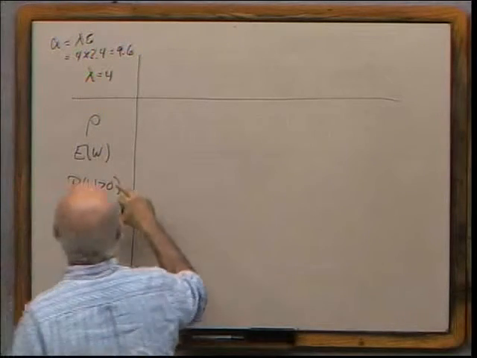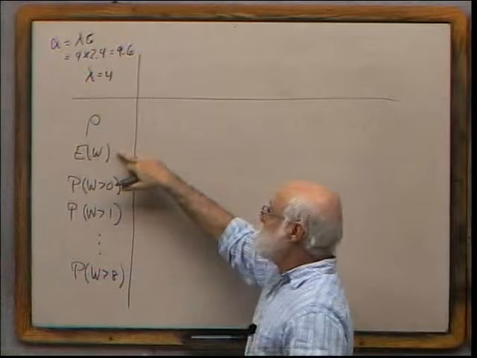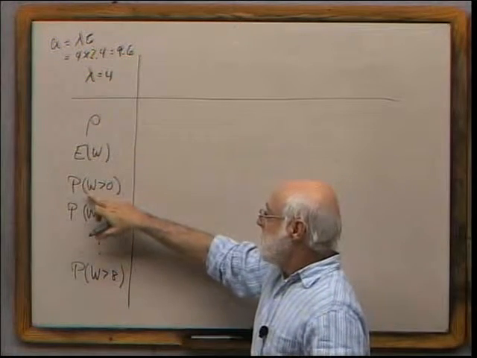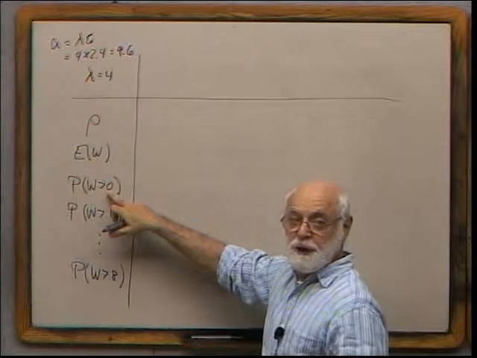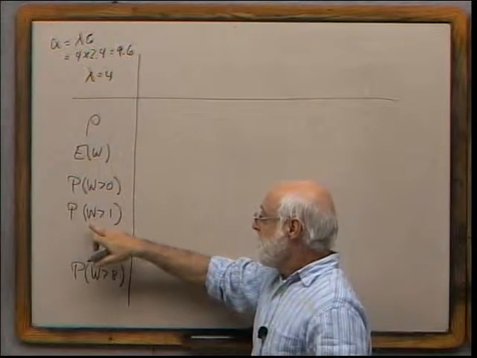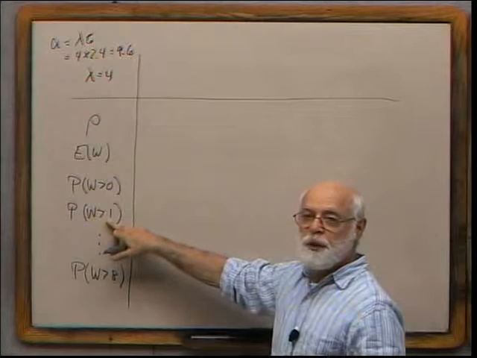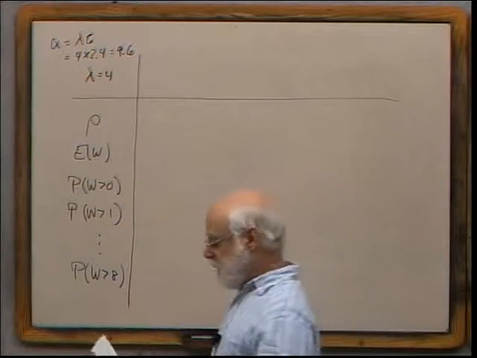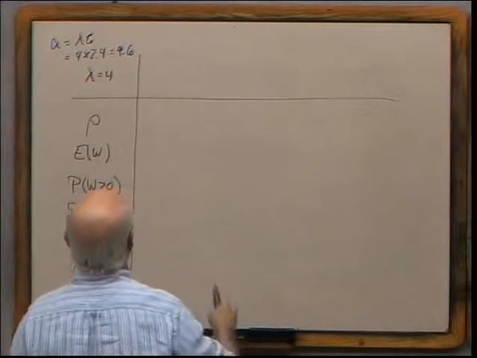This value is measured in units of average service time. This is the fraction of customers who wait more than 0, that is, who wait in the queue. This is the fraction of customers who wait more than 1 service time, so more than 2.4 seconds, and so forth. And you want to do this for various cases.